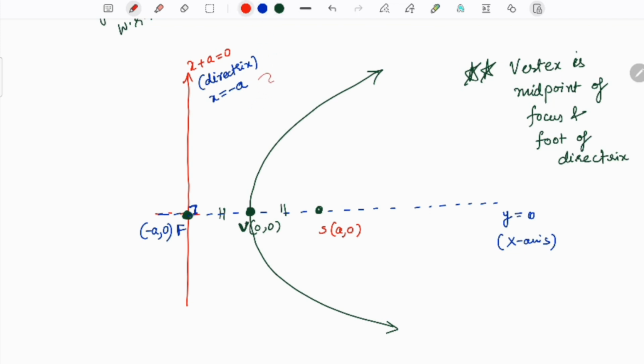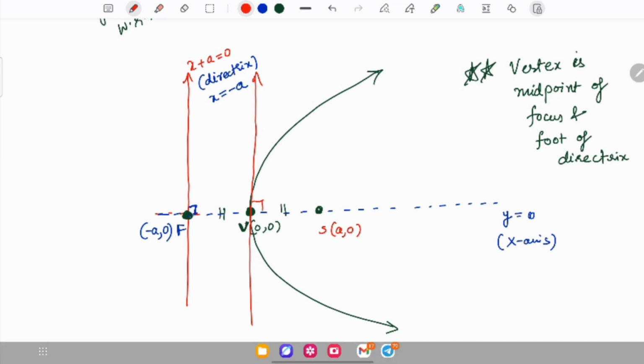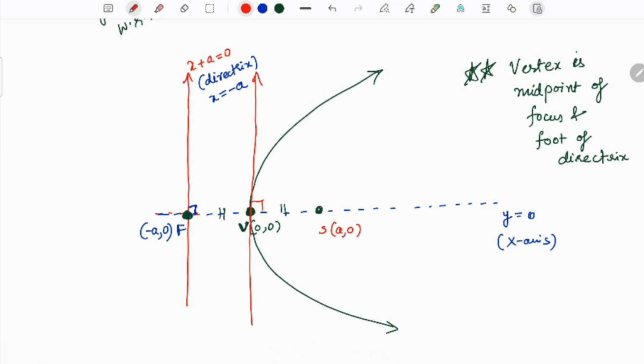Okay. So what about tangent at vertex? Tangent at vertex would be perpendicular to axis and it will be parallel to directrix. So its equation will be in which form? The vertical line passing through 0, 0. So it will be x equal to 0, which is y-axis.